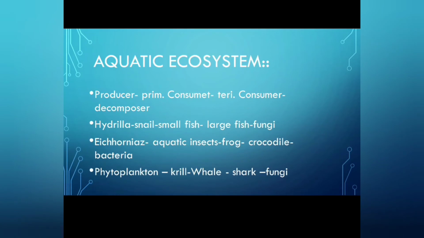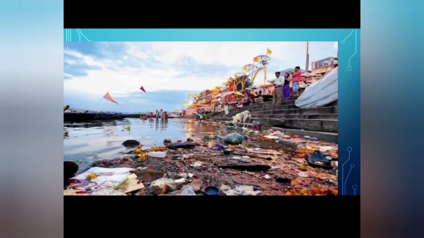In the third example, phytoplanktons are producers, krill are primary consumers, whale is a secondary consumer, shark is a tertiary consumer, and fungi in general are decomposers. These are examples of the aquatic ecosystem.